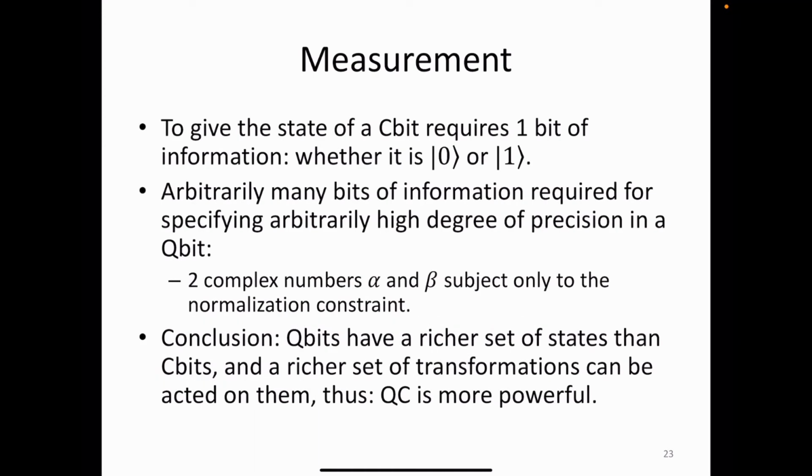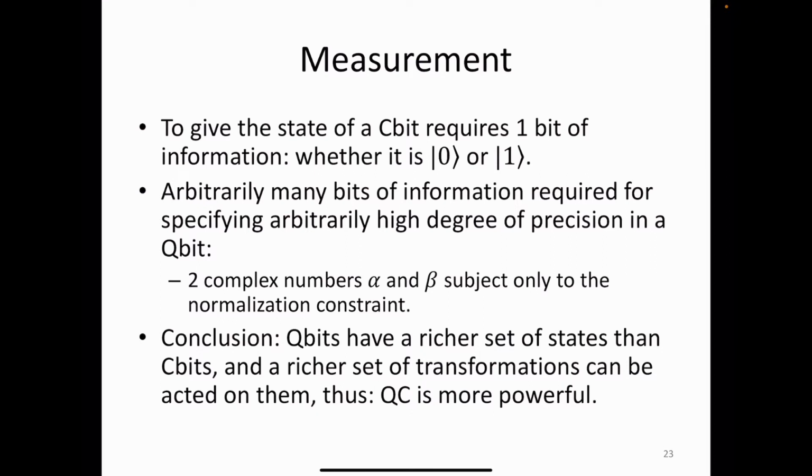So to give the state of a classical bit requires one bit of information, whether the classical bit is 0 or 1. But we need arbitrarily many bits of information to specify an arbitrarily high degree of precision in a quantum bit. Since we remember, if it's in a superposition, we have two complex numbers, alpha and beta, which are subject only to the normalization constraint, that specify the state of that qubit.